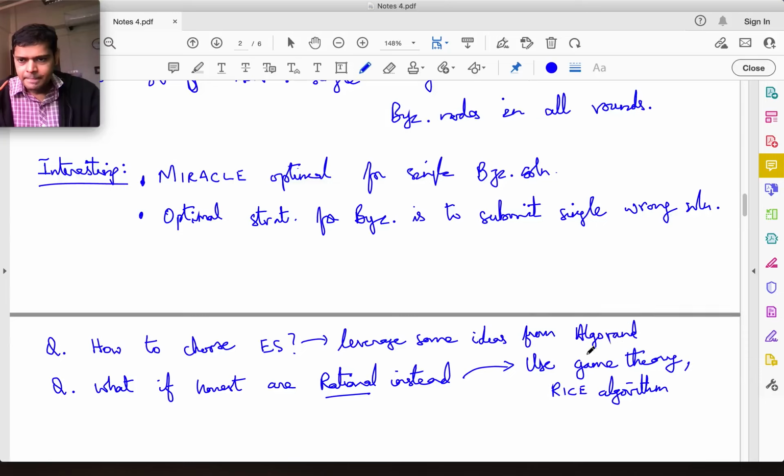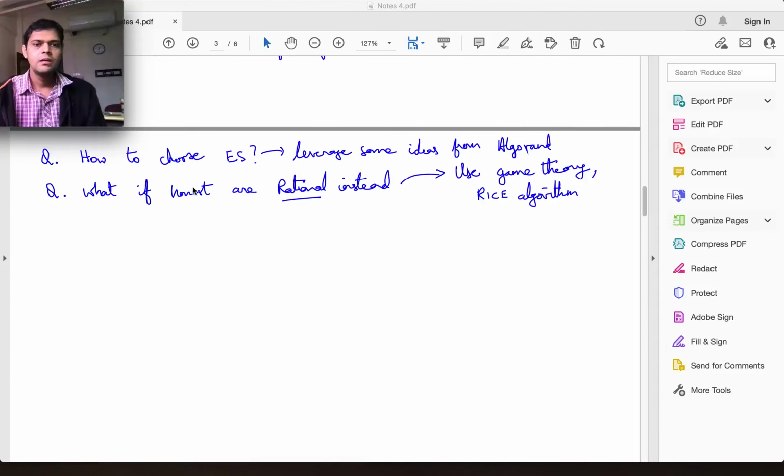So we'll study Algorand a little bit in detail later on in the course. But we'll borrow some ideas right now to say how we choose this execution set, because we want it to be chosen randomly. Let's answer this first question now, and in the next class we'll start looking at the second question where we change the threat model.